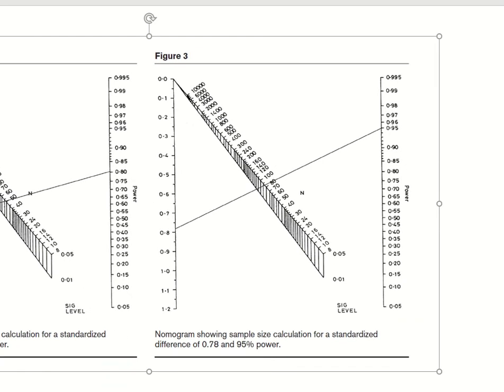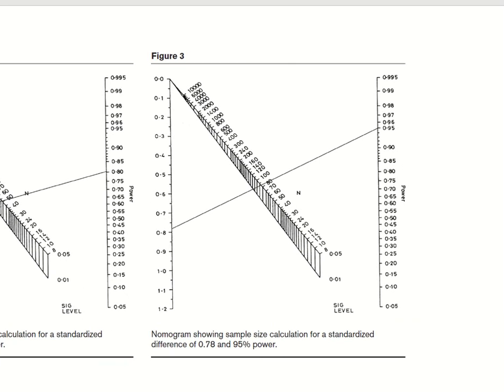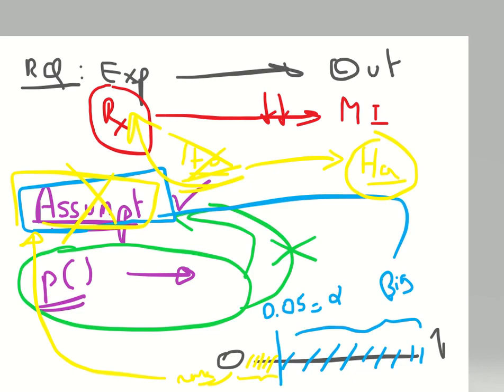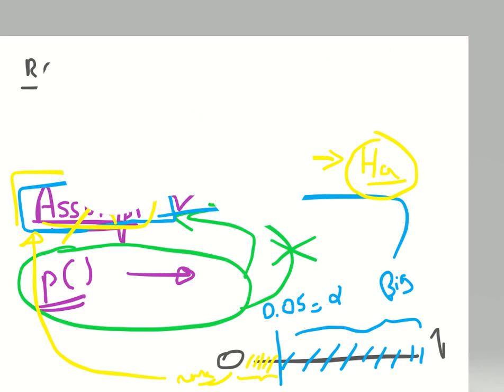Okay? Let's see. Let me try to recap that as much as I can. All right. So we have alpha equal 5%.